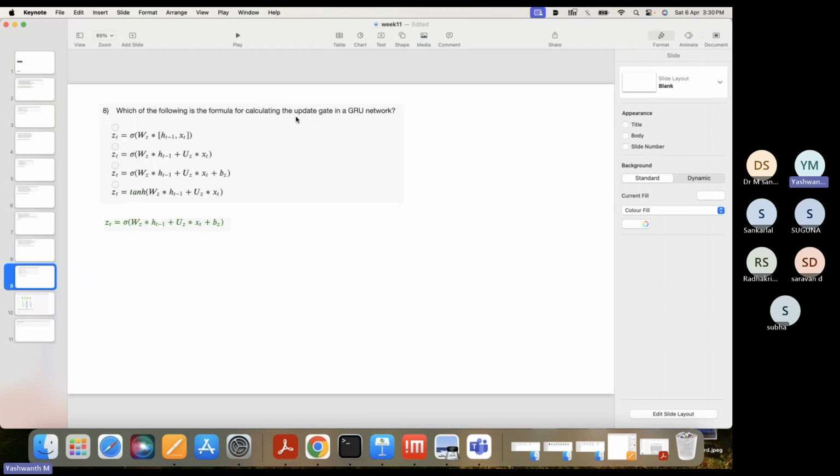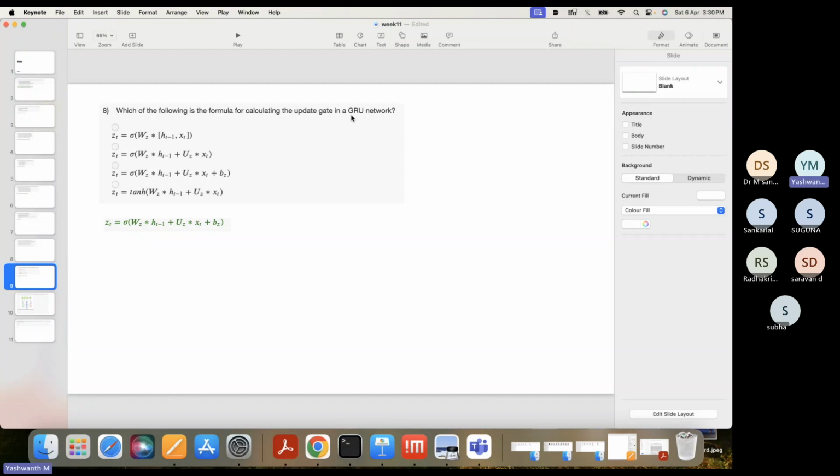And what is the following? Which of the following is the correct formula? This is the right thing. One simple way to remember this is whenever there is a gate, the activation typically used is sigmoid, not tanh.